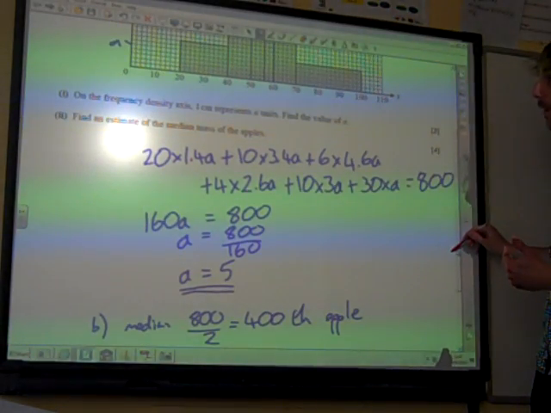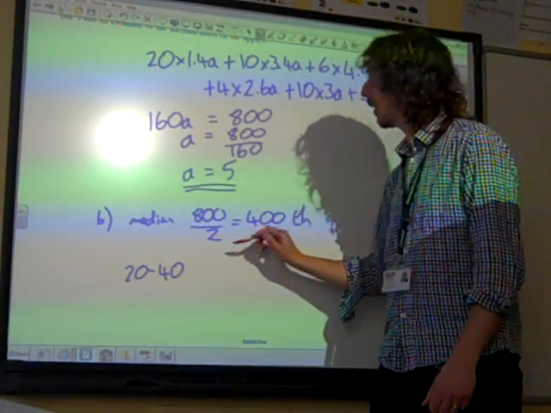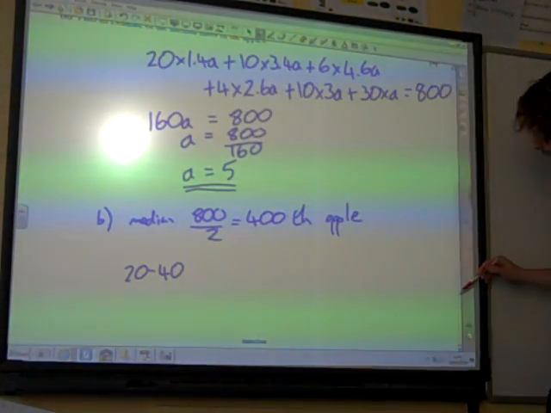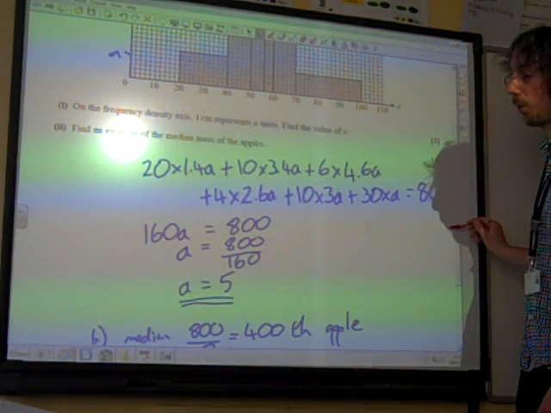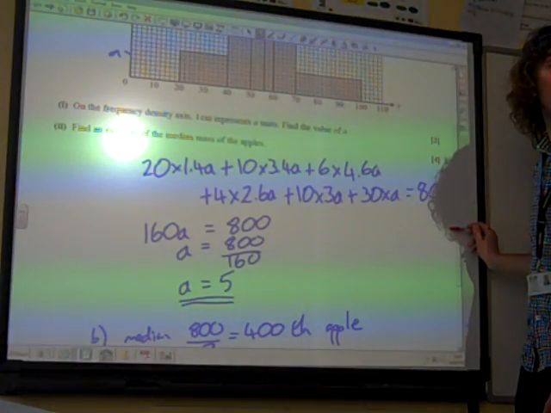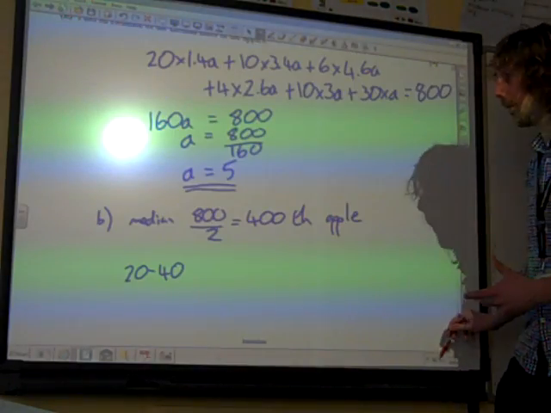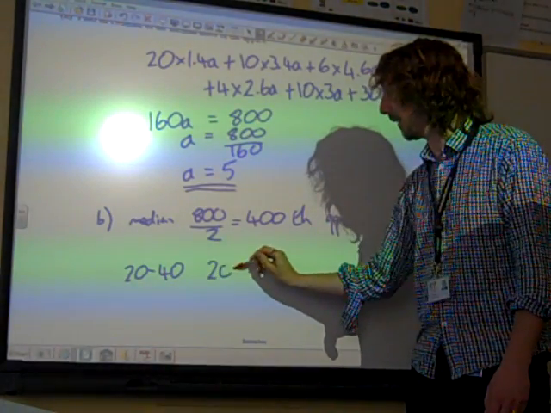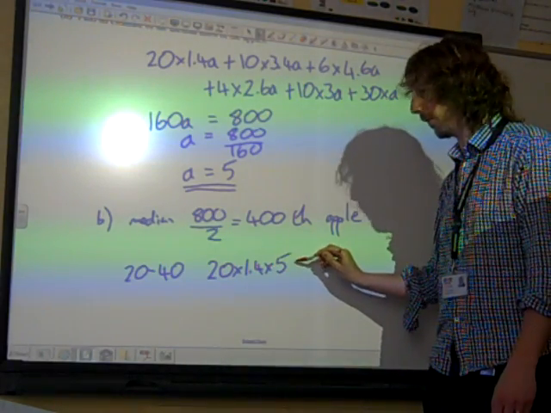The first group, which was 20 to 40, we wrote that down as being 20 times 1.4 times A. That was the area of that class. And the area, remember, relates to the number of apples. So the number of apples is 20 times 1.4 times 5.